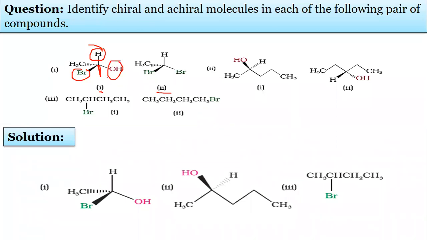So this one is chiral, and the second one is also chiral. This is the first example, this is the first compound, and this is the second, again 1 and 2.